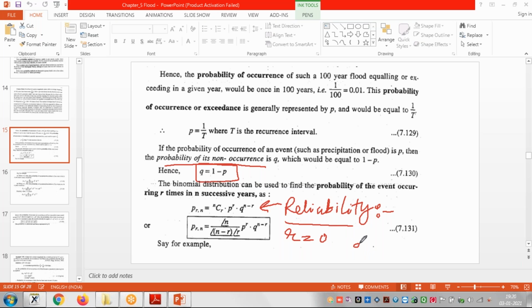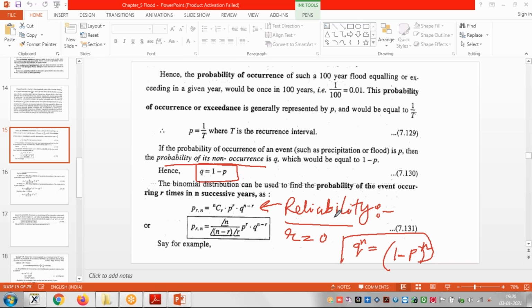I will get one equation: q raised to the power N is equal to 1 minus p raised to the power N. So this is for the reliability.